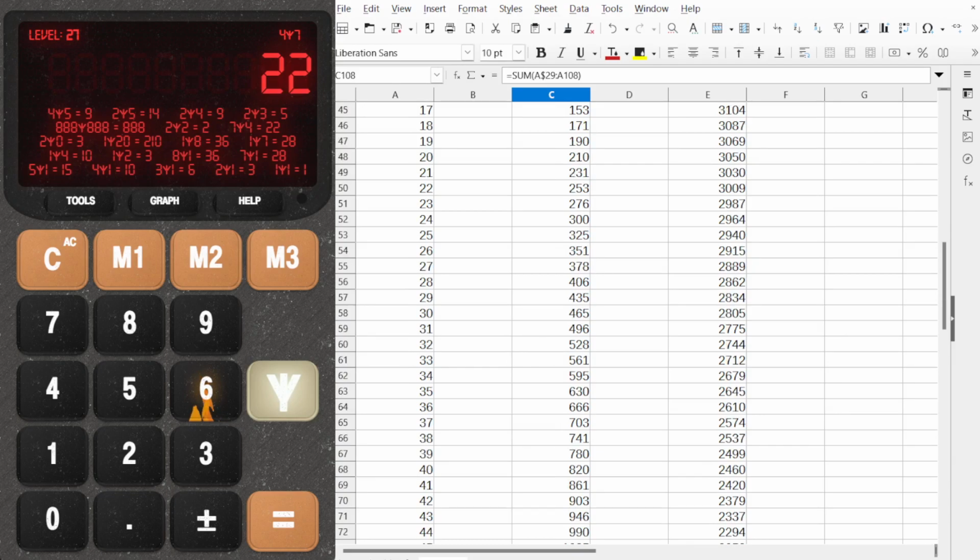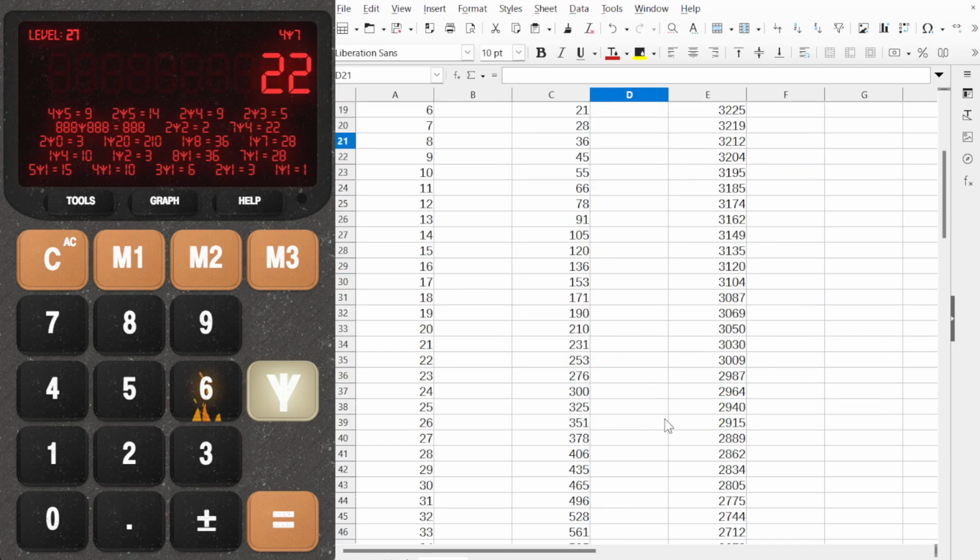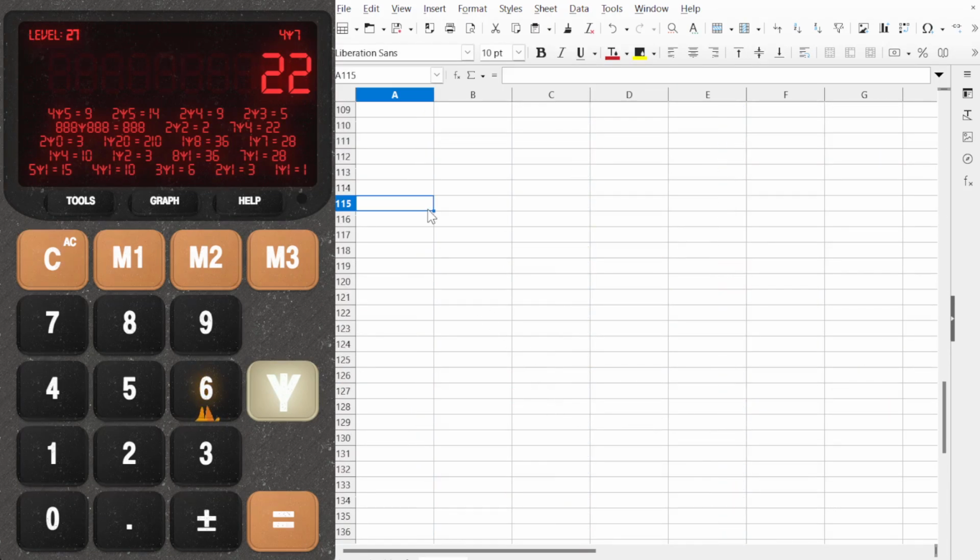I think I'm making it too hard on myself. So let's just say f of x, y equals 666 equals f of x, y minus 1 plus y. How many would I need to find out what equals 666?